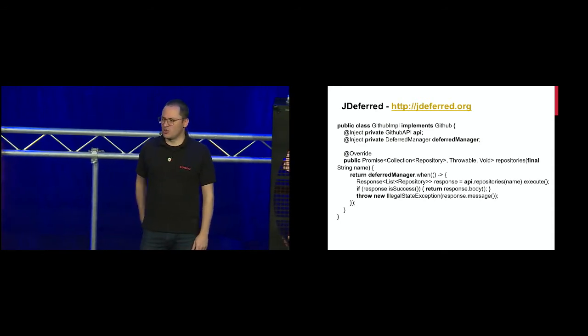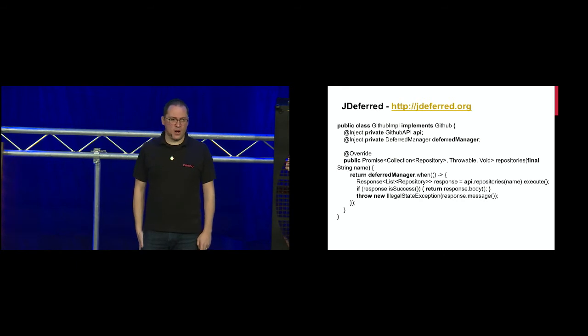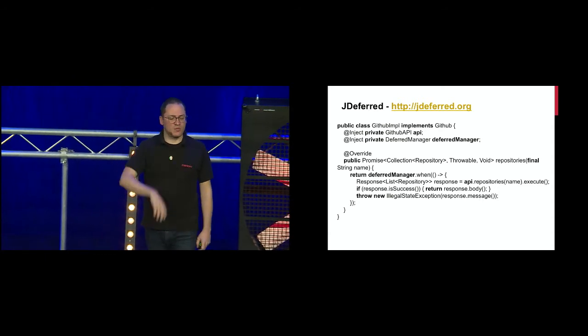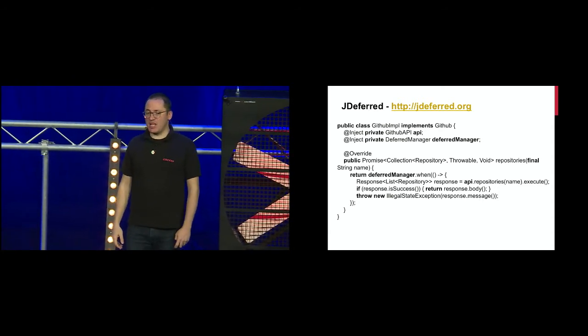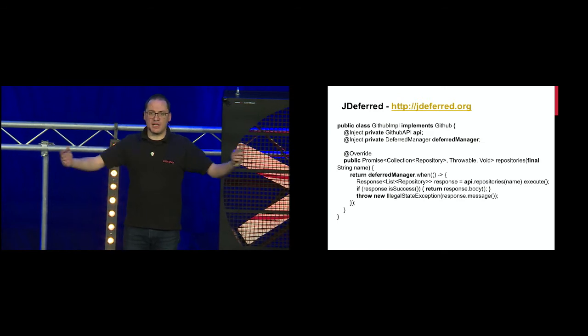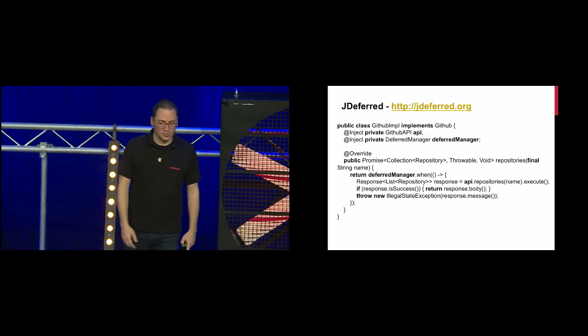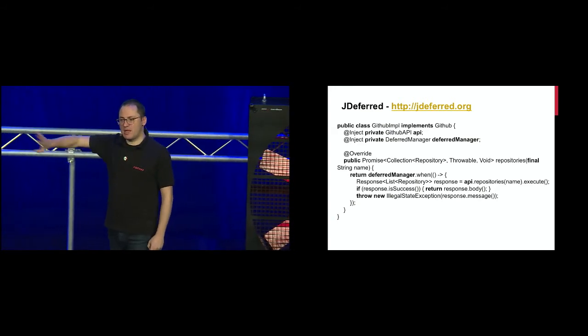Is it 200? Is it 201? Is it 301? We don't care. If it's successful, then we got the list of objects. So we just simply respond with that. And if it's not successful, then we throw an exception. We'll see how the promise will deal with this one, right? So all this computation will happen in a background thread.